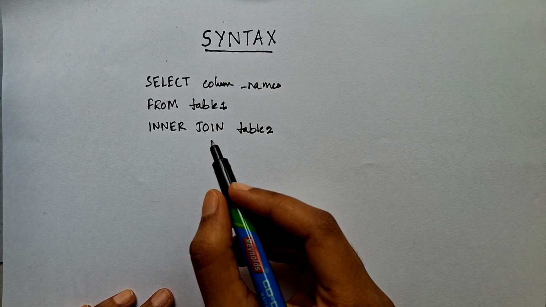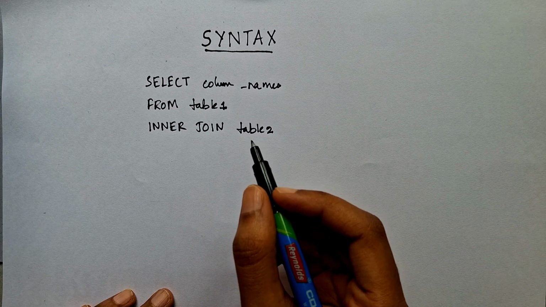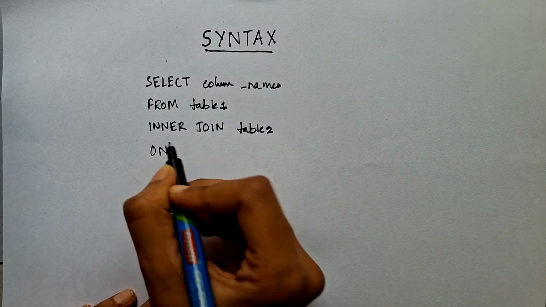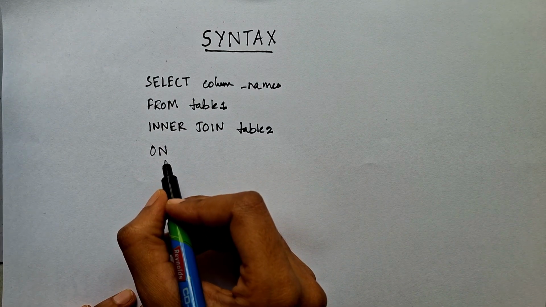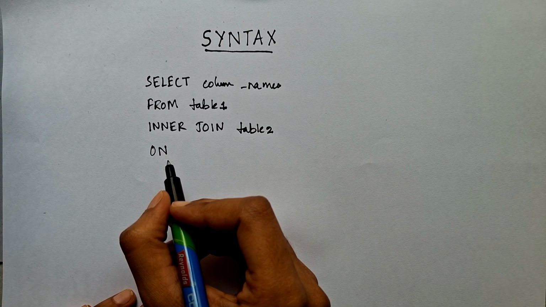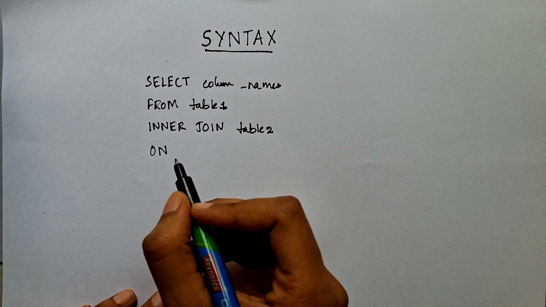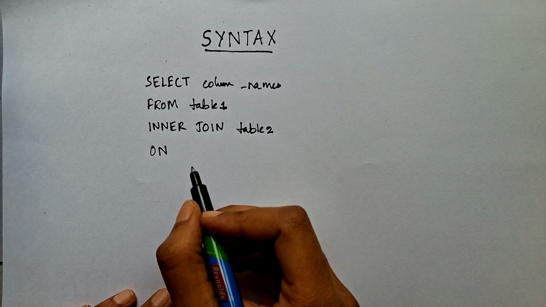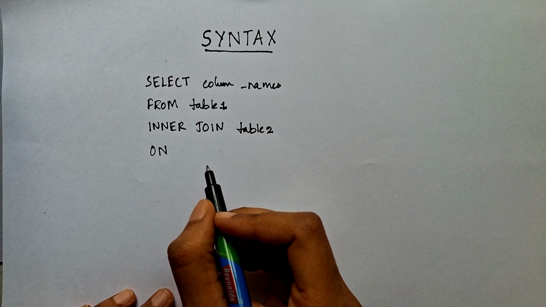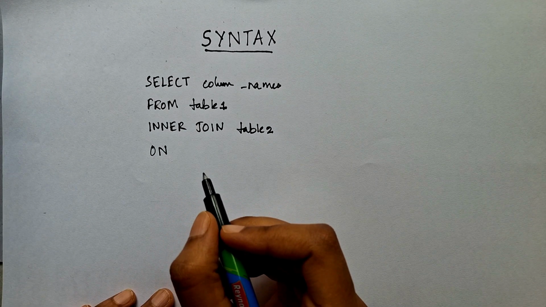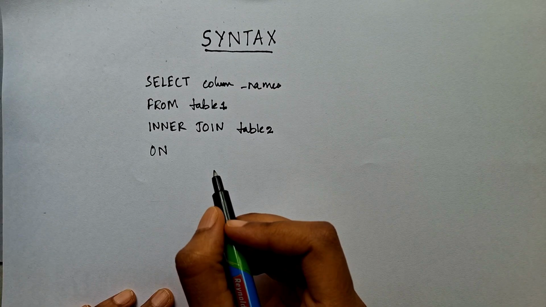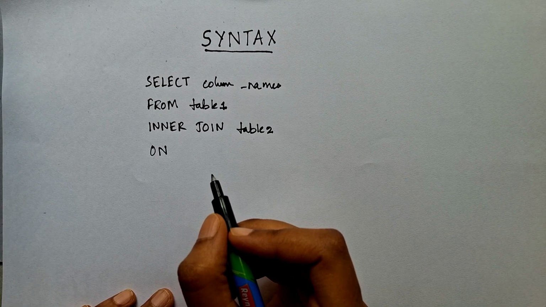Now comes the most important part, which is on clause. The on keyword is used to specify the condition for joining the two tables. In this condition, we usually compare a column from both the tables. That is a common column. For example, a column like student ID or department ID.